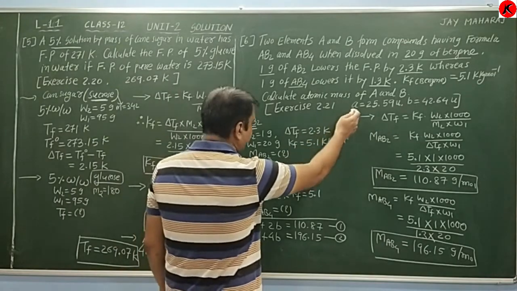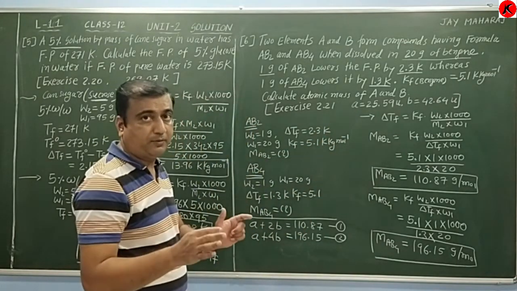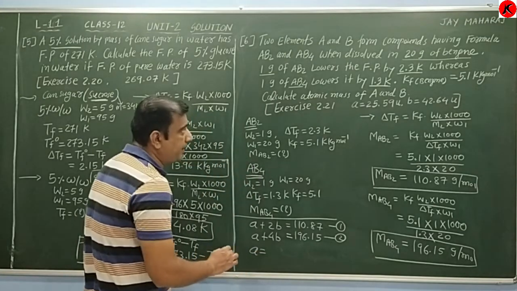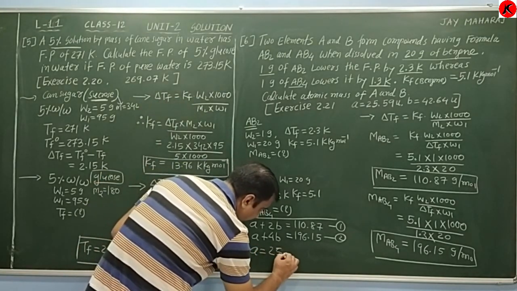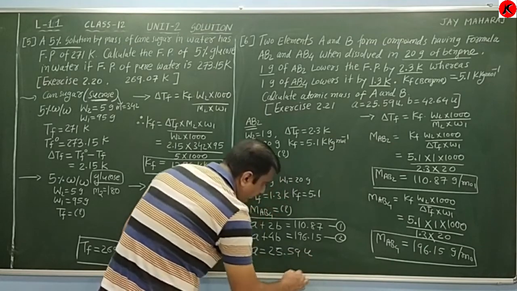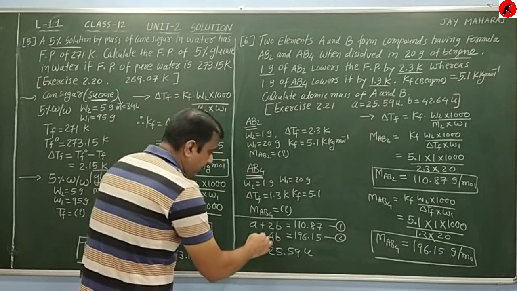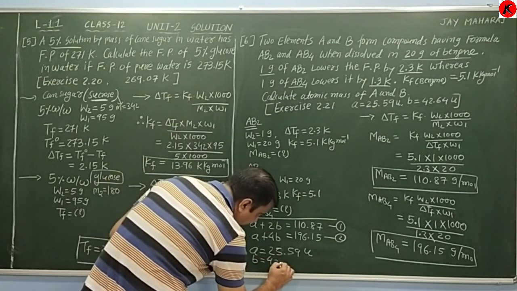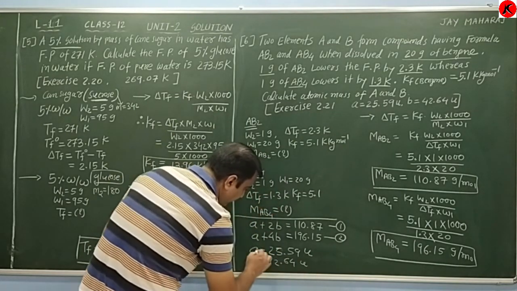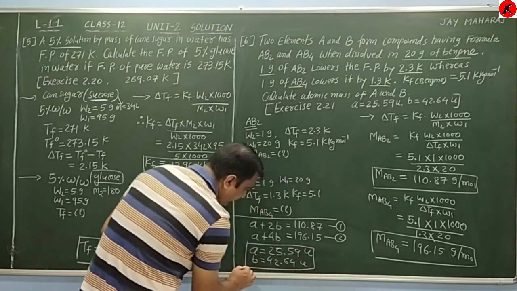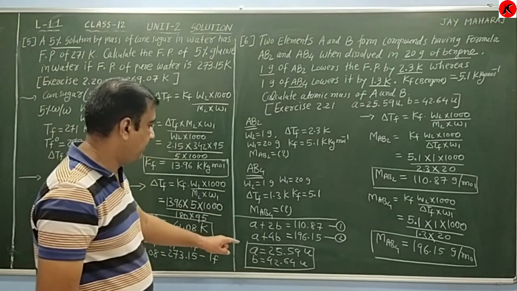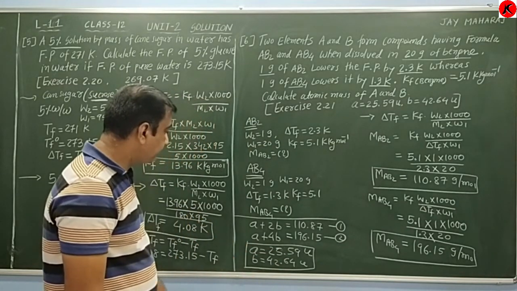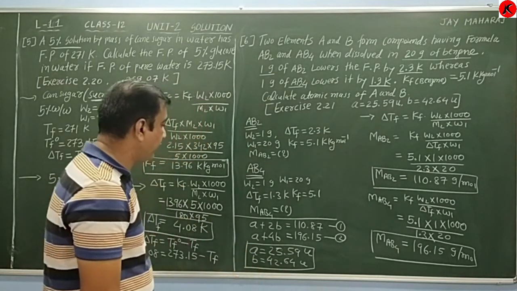When these two equations are solved by the elimination method, the answer is a equal to 25.59 u and b equal to 42.64 u. That means the atomic mass of element A is 25.59 while B is 42.64.